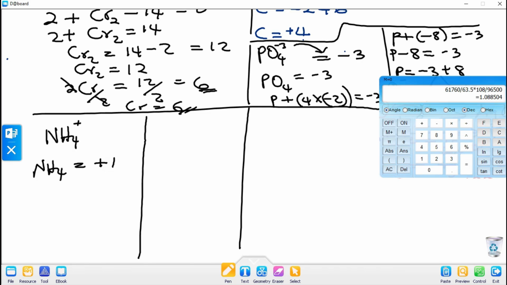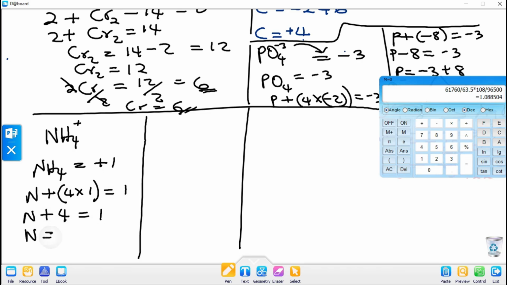But normally it is plus 1. So this is going to be nitrogen plus hydrogen, which is plus 1, but there are 4 hydrogens there. So it's 4 times 1, all equals plus 1. So this is N plus 4 equals 1.